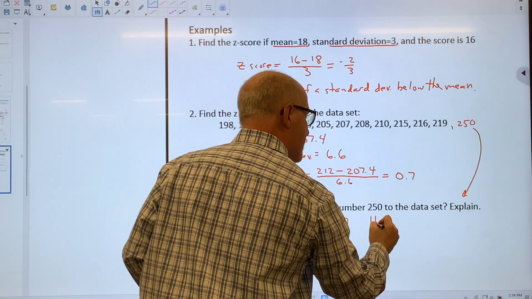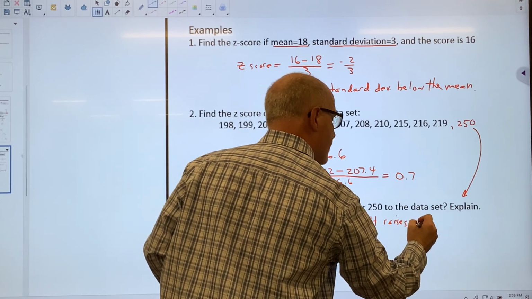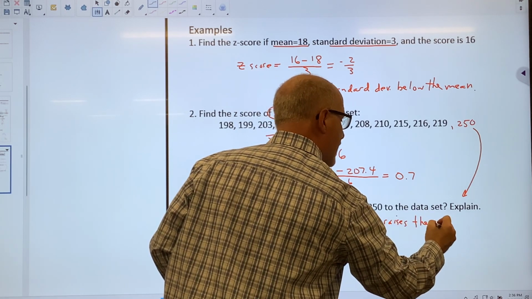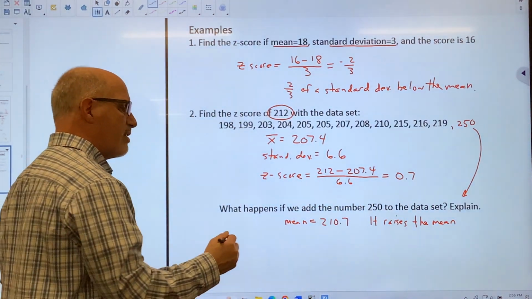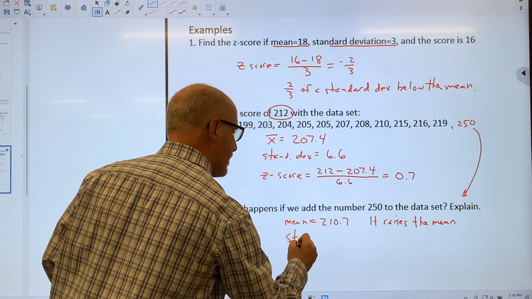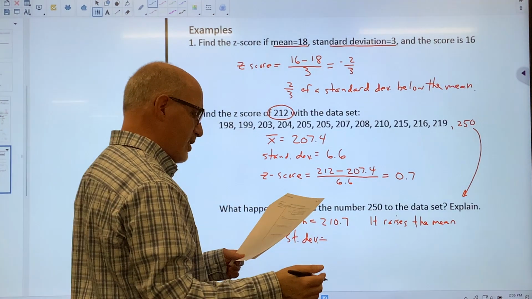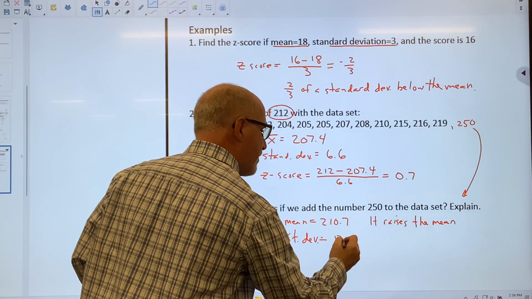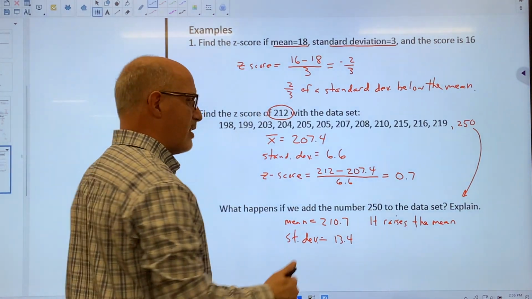It raises the mean because it's a larger value. It's not close to the mean, so it's going to raise up the mean. And then the standard deviation is quite radically changed. It moves to 13.4. Notice it more than doubles the standard deviation.